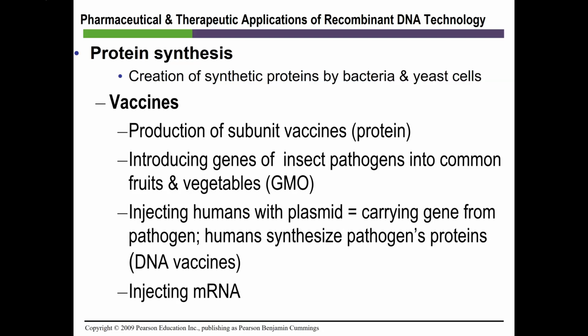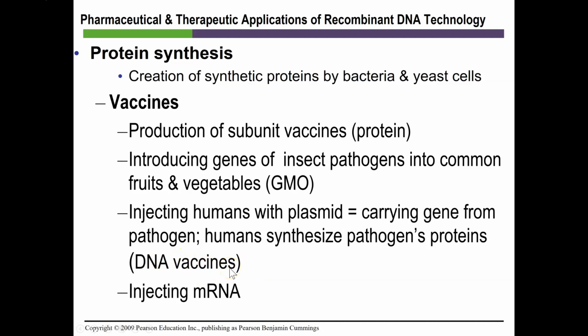Genetic engineering has been used to produce different types of vaccines. One type that has not yet been put to widespread use is a DNA vaccine. For this technology, an individual would be injected with the DNA of the recombinant plasmid.